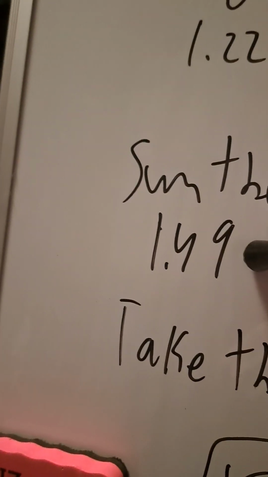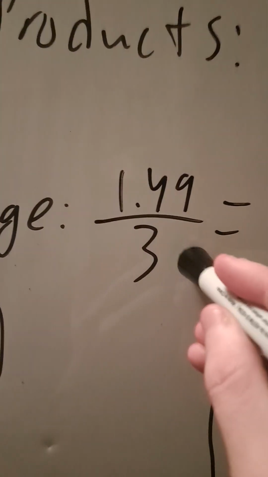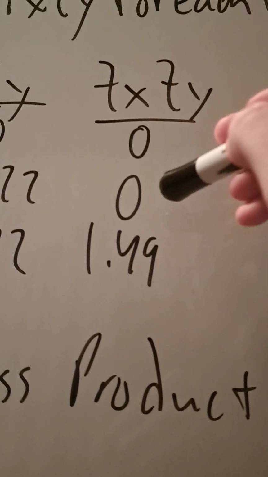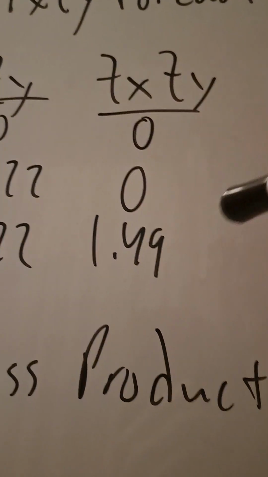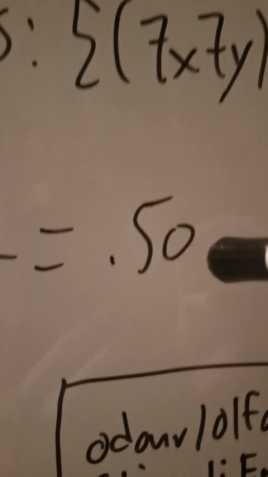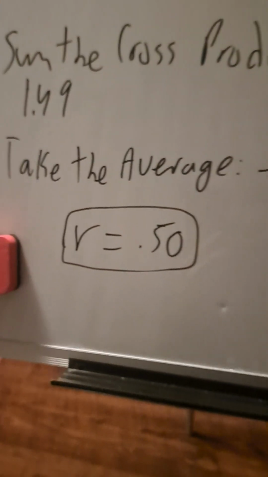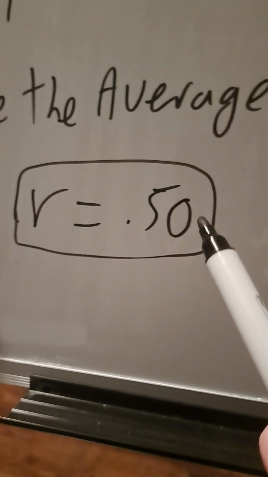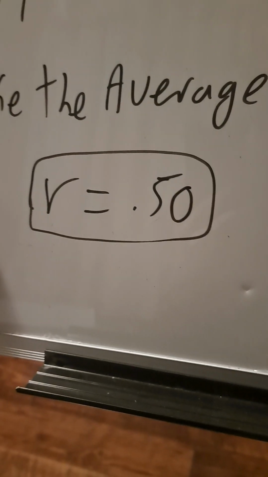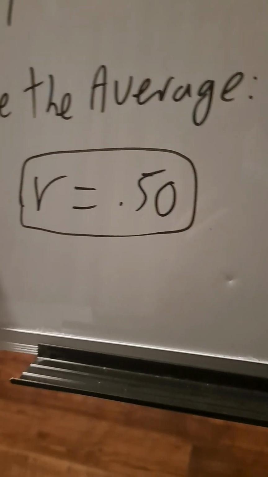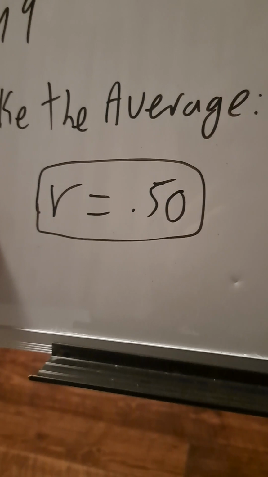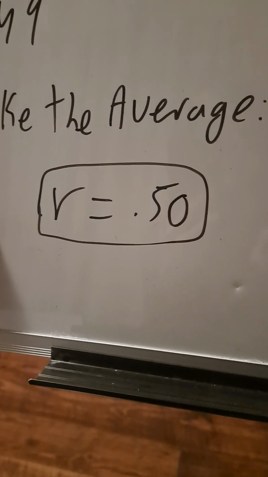In this case, we got 1.49. Then just put that 1.49 over how many cross products you had, which is 3 in this case, and we get our r is equal to 0.50. And this we would call a moderate positive correlation. So that is calculating r.